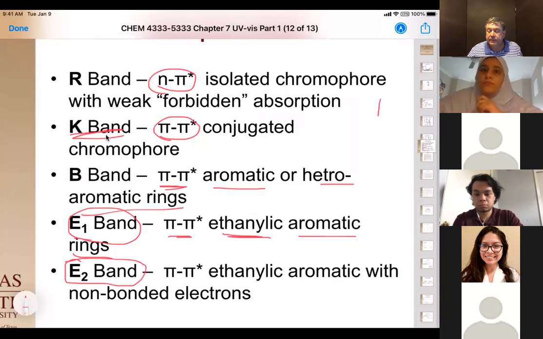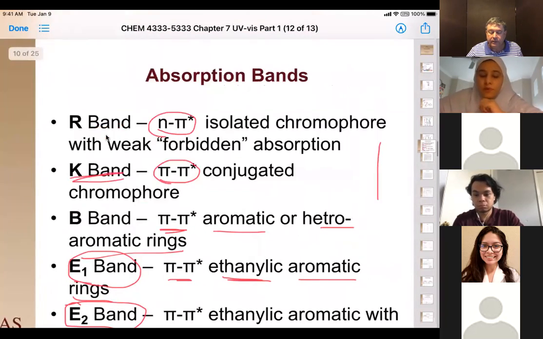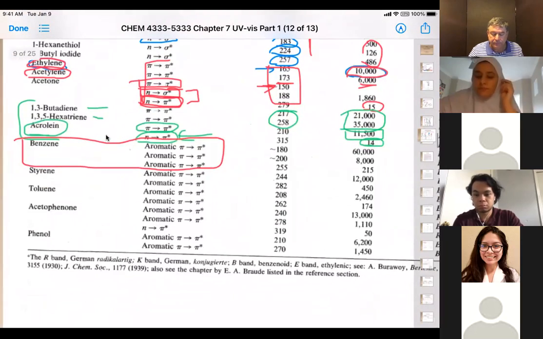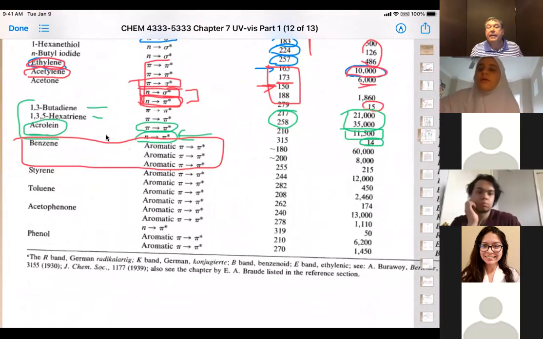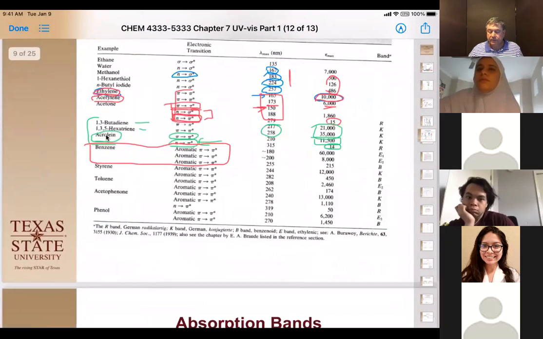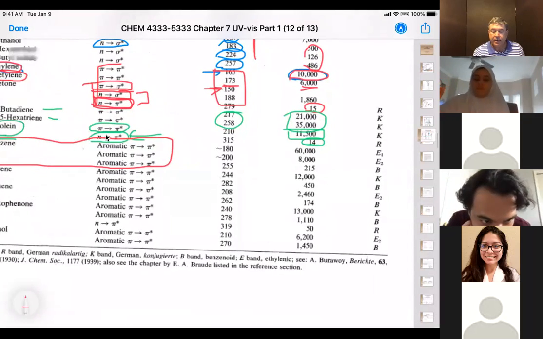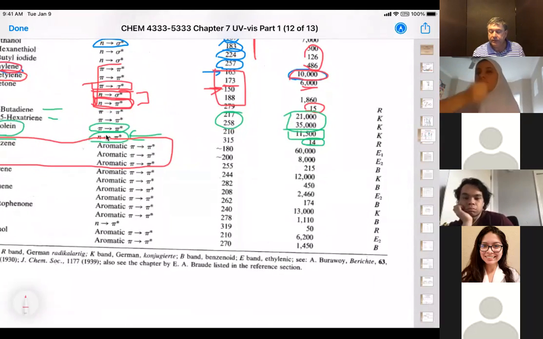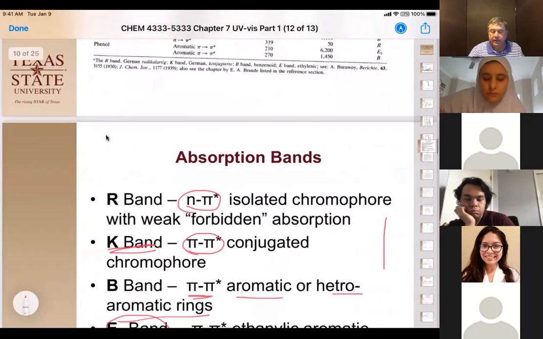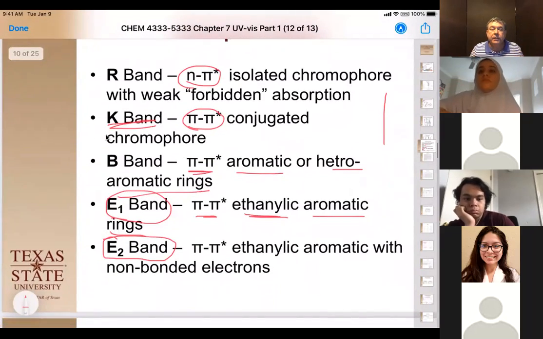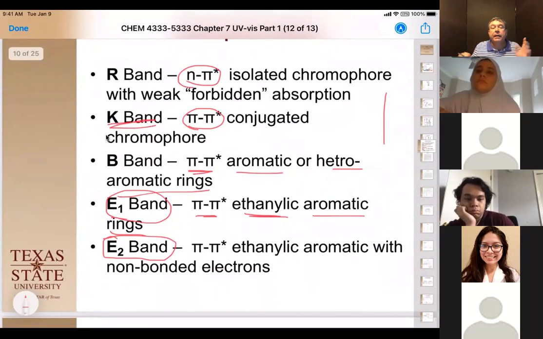Now let's go back to the table above and look at the last couple examples here. So can you explain with an example about E2? E2, yeah, I can do that right here, actually. If we look at this benzene ring, the E1 band is right here, a pi to pi star transition in an aromatic ring.